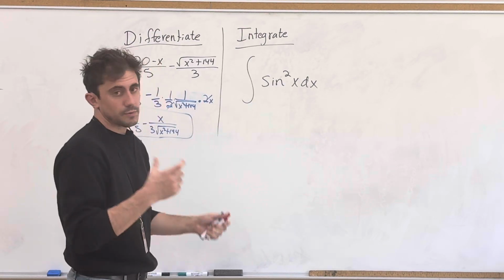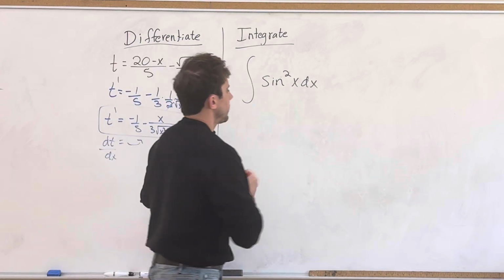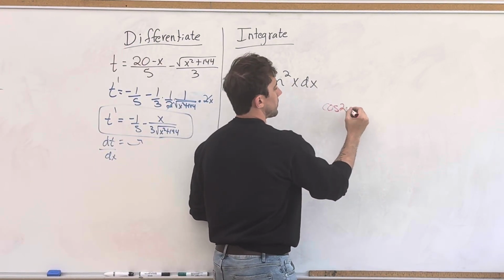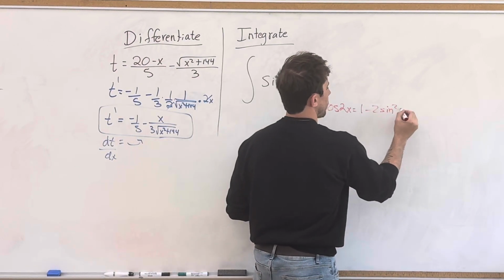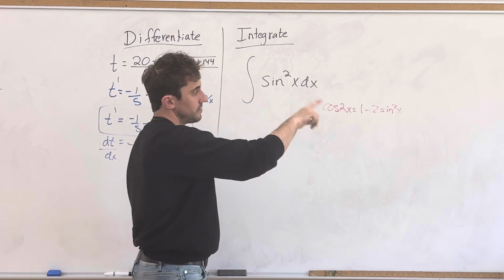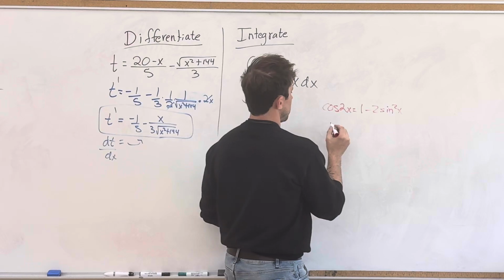So what we have to do is use one of our trig identities you likely learned in one of your pre-calculus classes. And I'll remind you that there is an identity that says that cos 2x is 1 minus 2 sine squared x. And that means that we can do some algebra to isolate that equation for sine squared x.